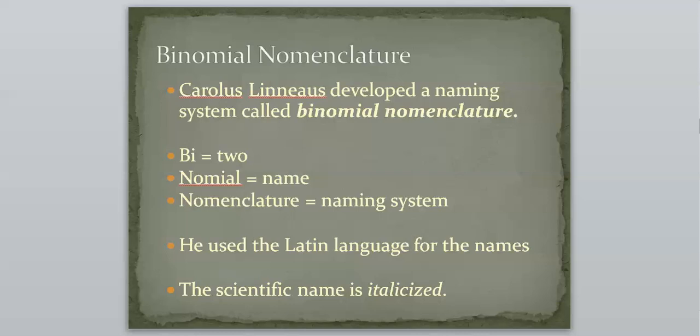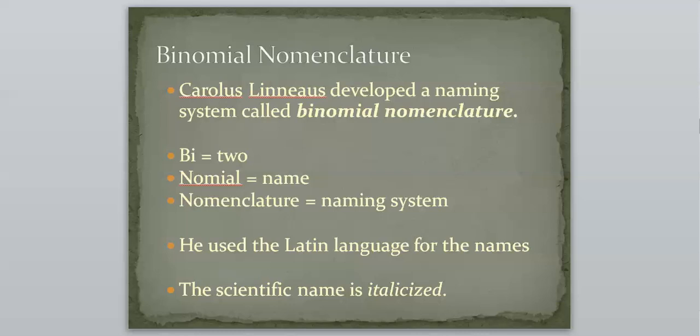So English wouldn't be an effective language to use because in 100 years English probably won't sound anything like it does today. However, Latin will always be the same because no one speaks it anymore, therefore it'll never change. Another rule is that whenever we write this, the scientific name is italicized. And if you're writing it out yourself, it's hard to write in italics, so you would underline it.